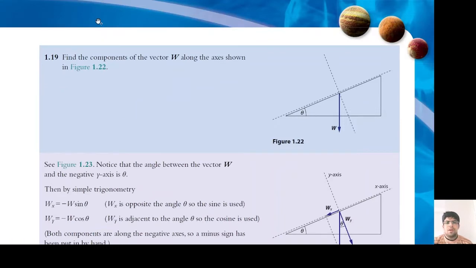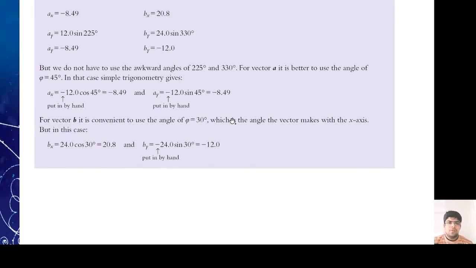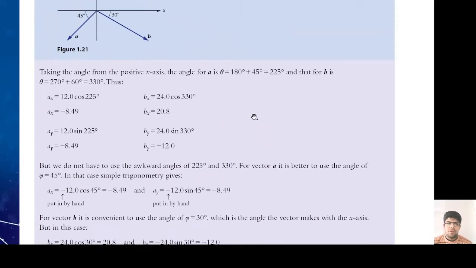And for B, theta equals 270 plus 60, which gives 330. Look here, this is the whole 180 degrees, so we can easily find the angle.